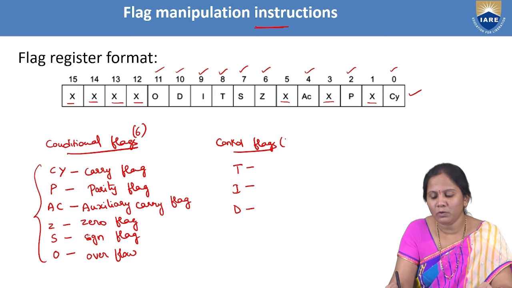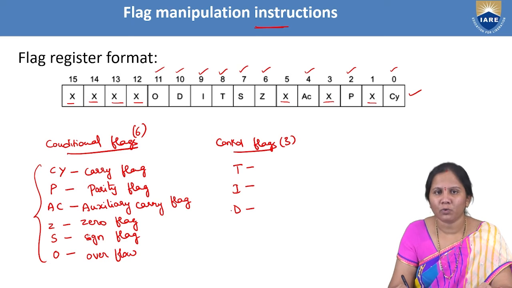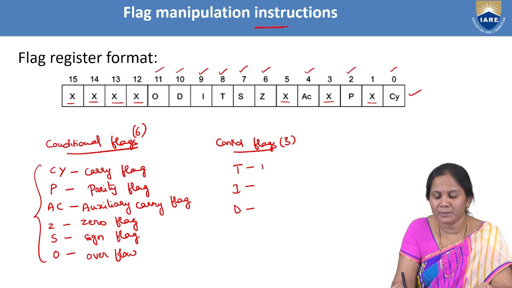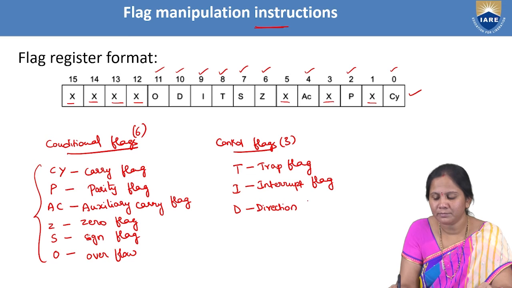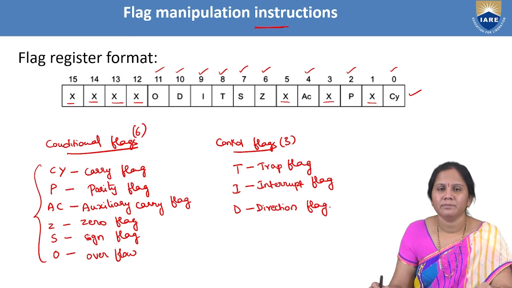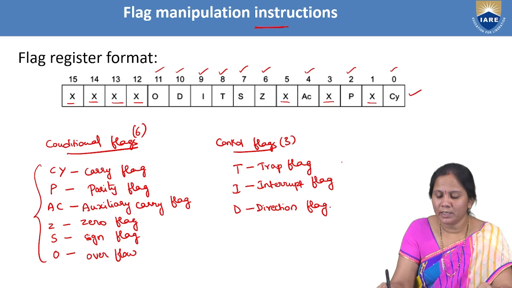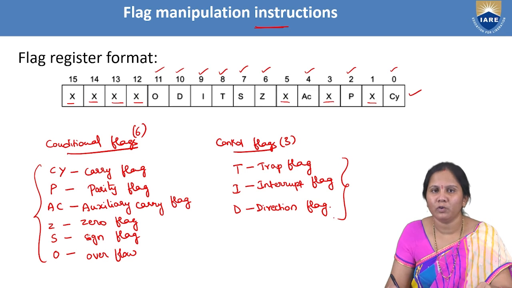Now coming to the control flags, we have only 3: T represents the trap flag, I represents the interrupt flag, and D represents the direction flag. These are the 3 control flags.